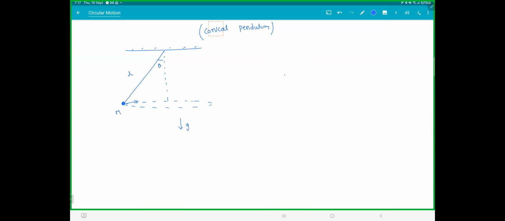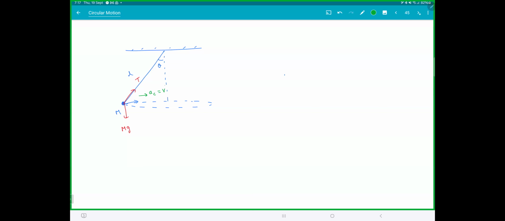There's only one particle, there's nothing to choose. Draw your FBD, the forces would be tension, mg. Any other force? There are no other forces. Step two, assign acceleration. Since you're going in a circle, there will be an acceleration toward the center.